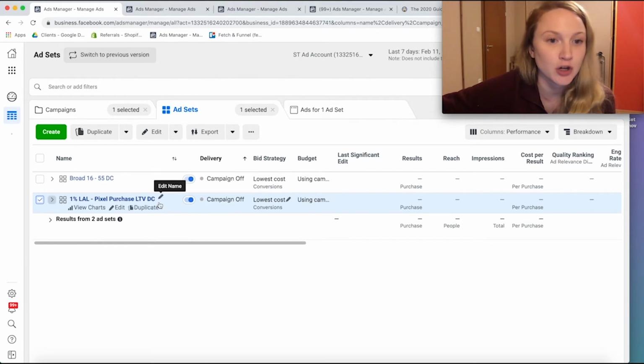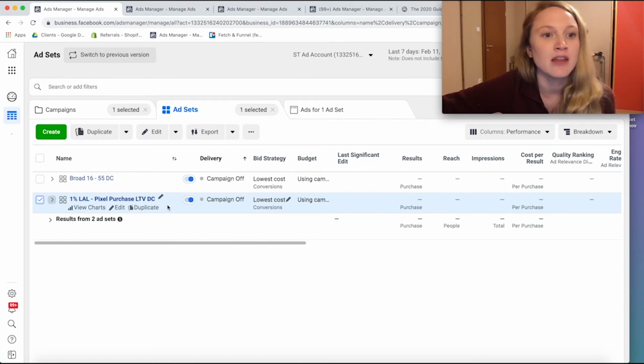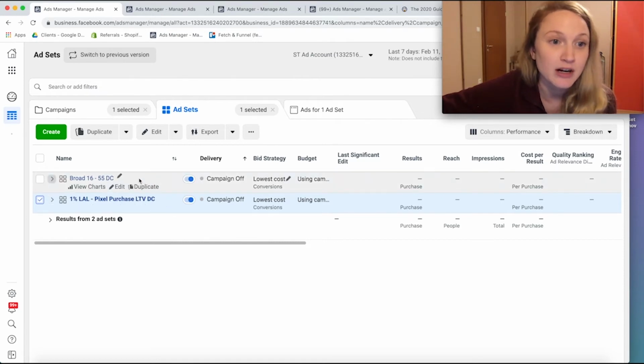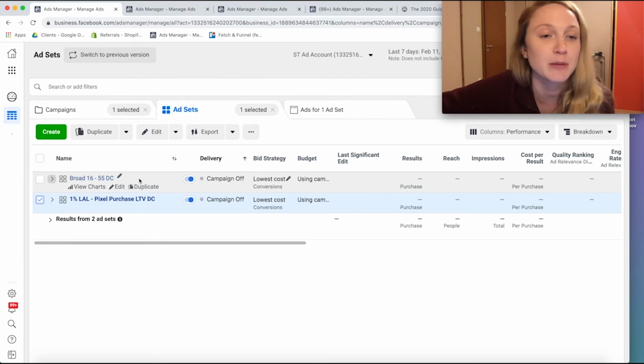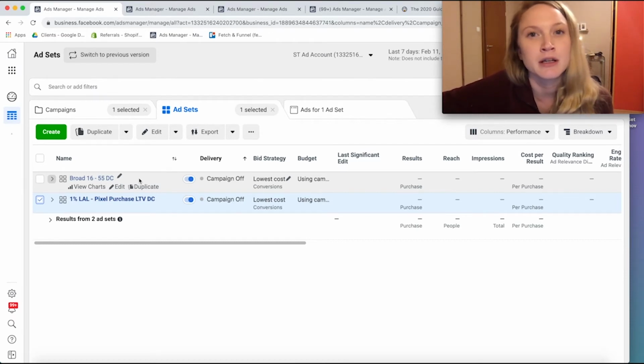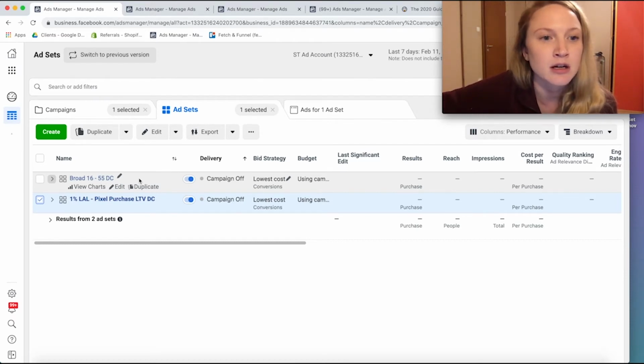Here we took one of our best audiences. It was a lookalike, a 1%, actually based off of pixel purchase lifetime value, and then we paired it with a broad audience. Now, for this particular client, we're targeting both men and women, but we aren't really targeting older audiences.